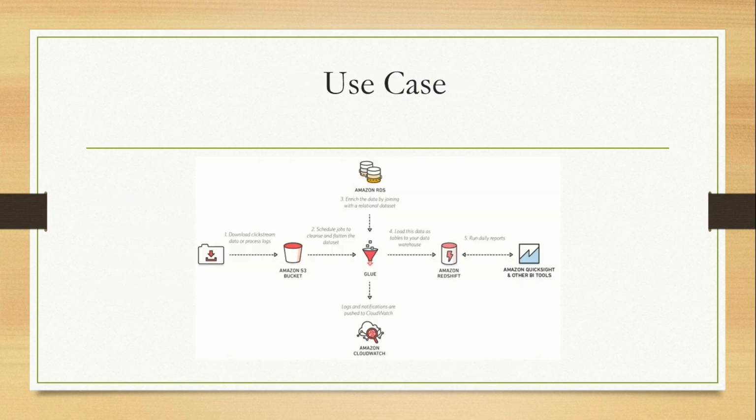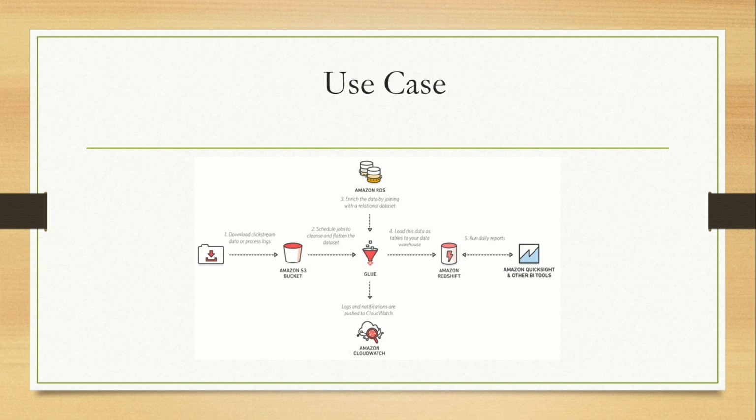Let's go into a use case of AWS Glue. There is a lot of data available from a clickstream, which is stored in the form of logs. A schedule runs on top of the data, and the data is brought into AWS S3. After that, the Glue job starts, and it processes and transforms the data as per the defined rules.